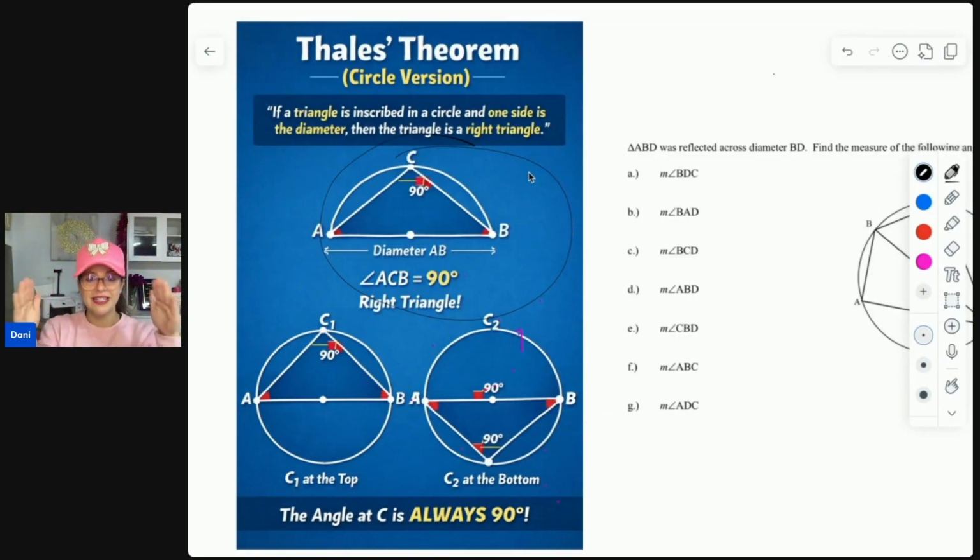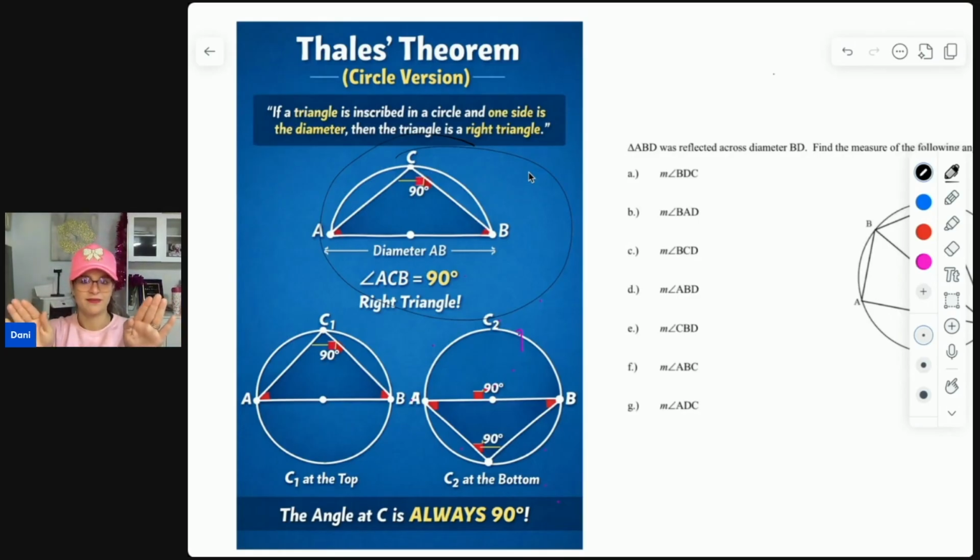And if we're looking for an inscribed angle, so it's touching the edge of the circle, that means it's going to be half of 180, which is 90. So that's why the angle opposite the diameter will always be 90 degrees. So Thales theorem states that this is a special case where an inscribed angle, no matter where it is on there, as long as one of its legs is going through the diameter, it will be 90 degrees.